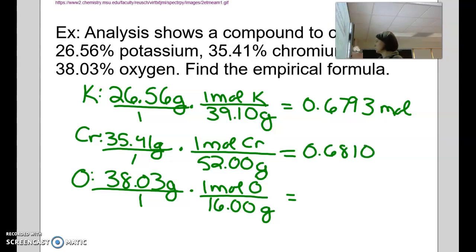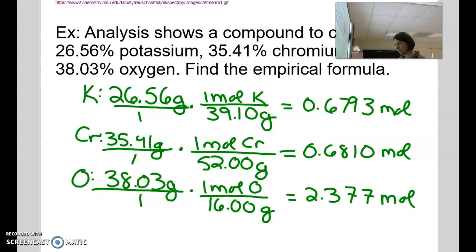So that's going to be 0.6810 moles chromium, and 38.03 divided by 16 equals 2.3768. So 2.377 moles. Okay, wonderful. Now we have found all the moles.